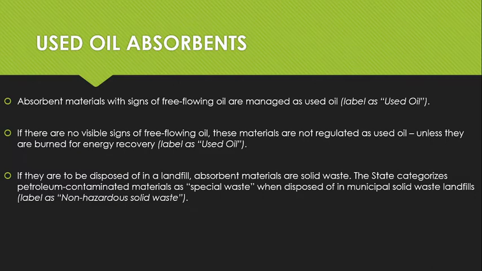If they're going to be disposed of in a landfill, then it's considered solid waste. So the state categorizes these petroleum contaminated materials as special waste when we're taking them to the landfill. So you don't have to label it as used oil. You don't have to have it in containment. You would just put non-hazardous solid waste, absorbents contaminated with hydraulic oil. But if you're taking it for recycle, put it as used oil, put it in containment.